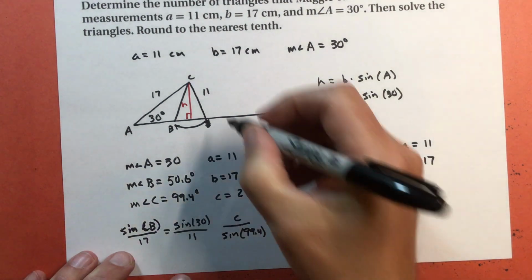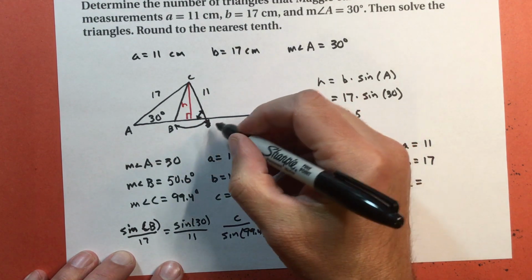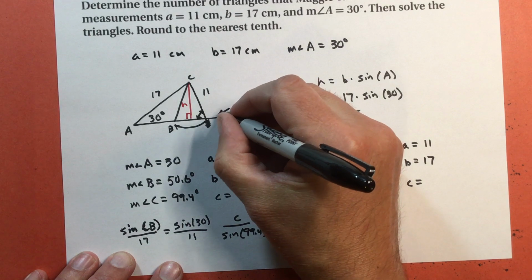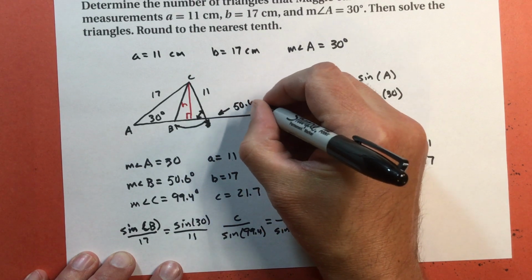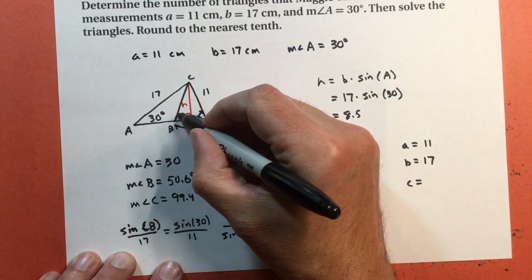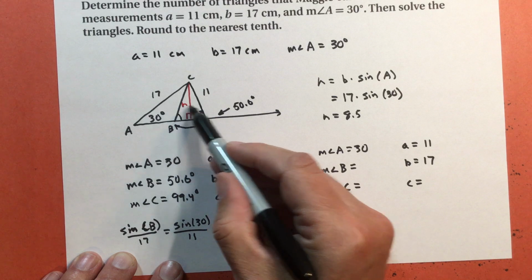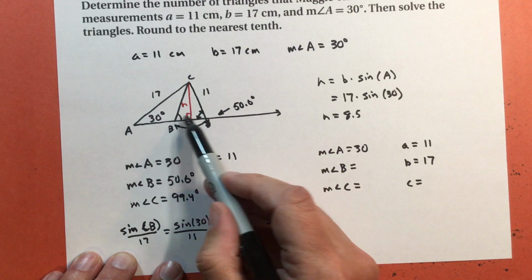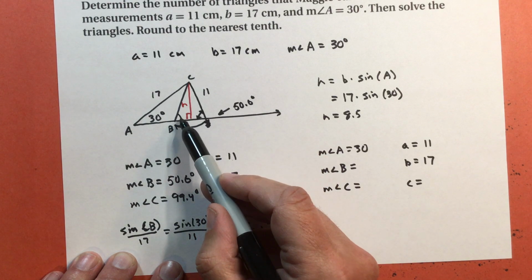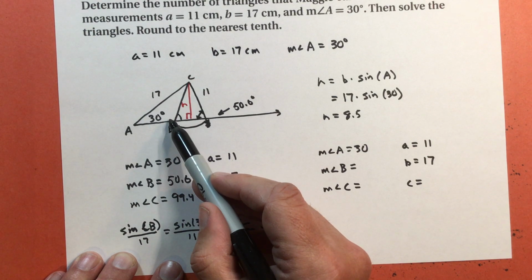This angle right here, the original angle B, was 50.6 degrees. Because that side is 11, this is an isosceles triangle, so these two angles are congruent. That angle has to be 50.6 degrees. But that's not the new angle that I want, it's the angle on the other side.